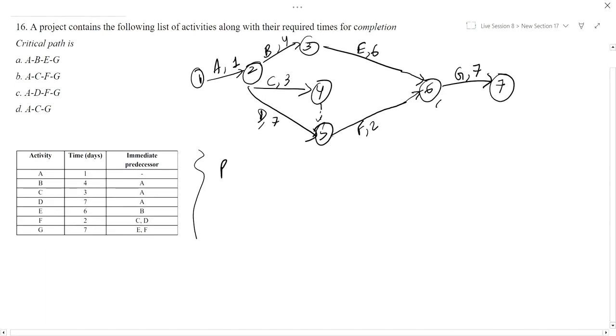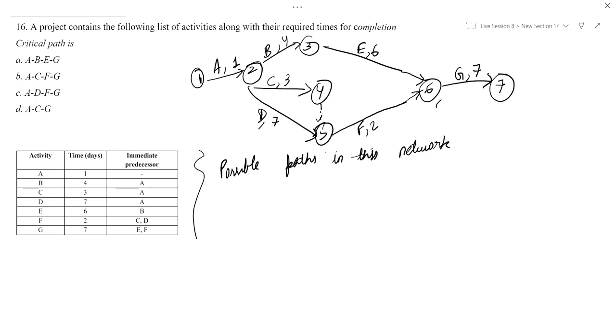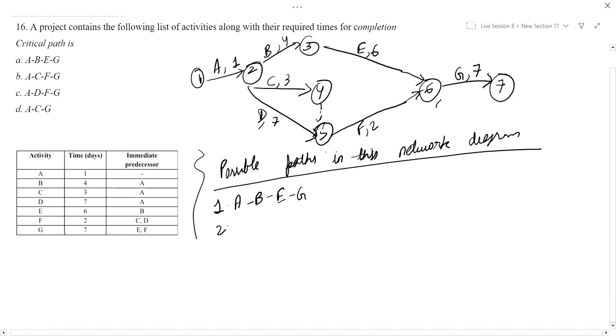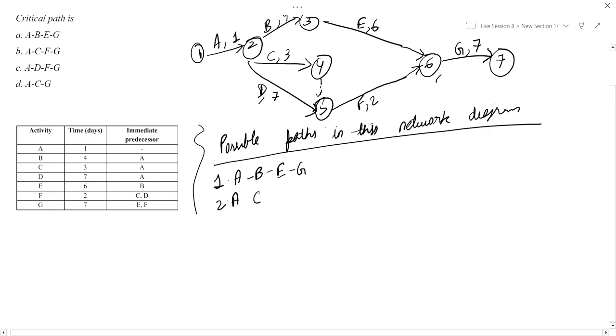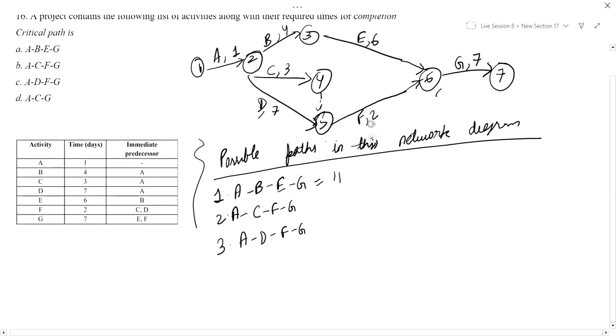Now, possible paths in this network diagram: A, B, E, G. Okay, next is A, C, F, G. Next is A, B, F, G. Now we will calculate the path duration. 1 plus 4 plus 6 plus 7 is equal to 18 days.